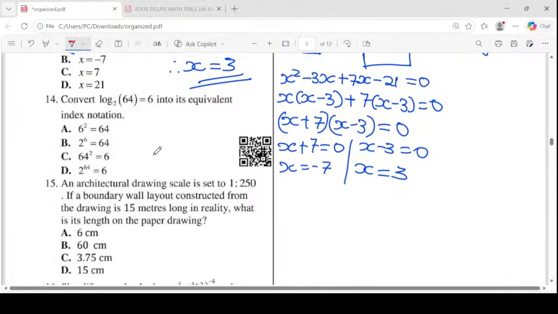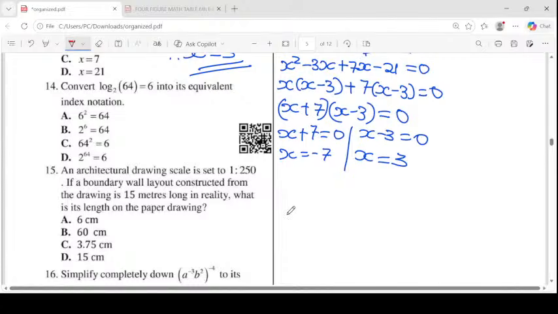Let us look at question number 14. Convert log to base 2 of 64 is equal to 6 into its equivalent index notation. So this one we get from conversion of logarithmic notation to index notation. The base remains 2. The answer becomes the new power, 6.